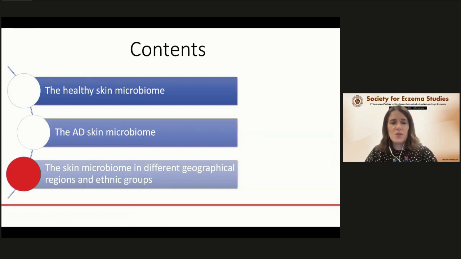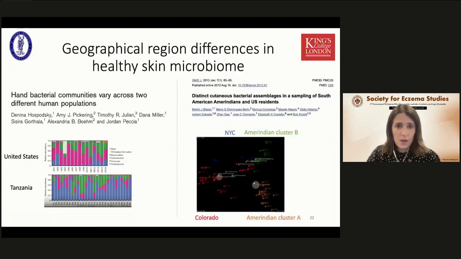So moving on to what we know about the skin microbiome in different geographical regions and in different ethnic groups. There have been some small studies looking at this in healthy skin. This study showed consistent differences between the skin microbiome in individuals from the United States compared with Tanzania.